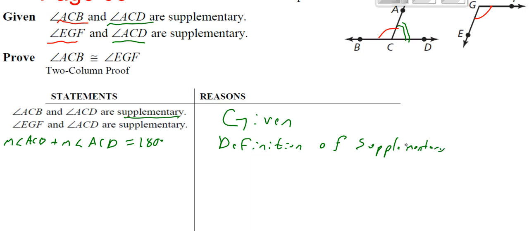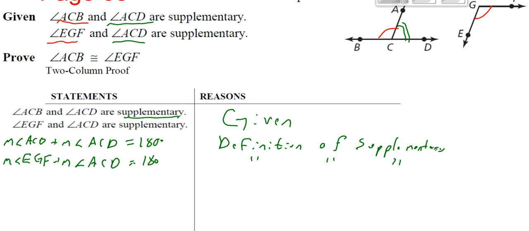By the same token, we can say that the measure of angle EGF plus the measure of angle ACD equals 180 degrees. I'm going to put parentheses here to indicate that it's the same step as before. It's the definition of supplementary.